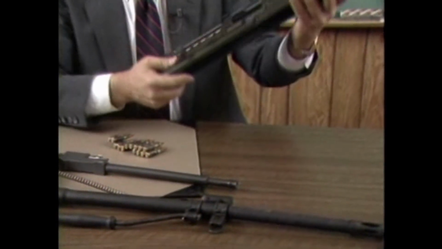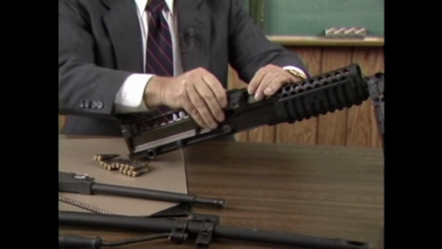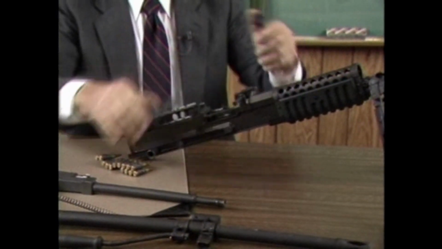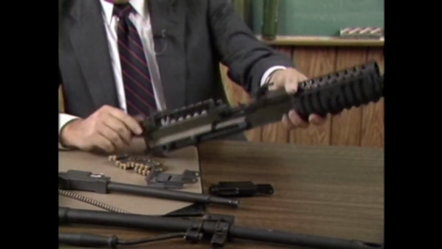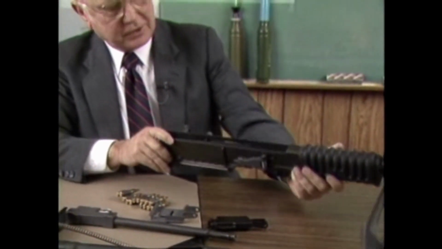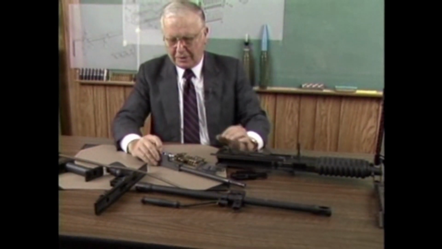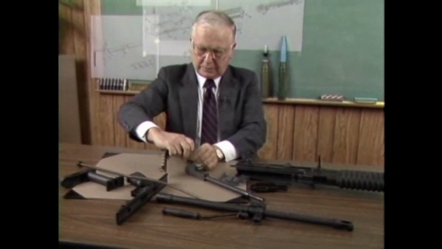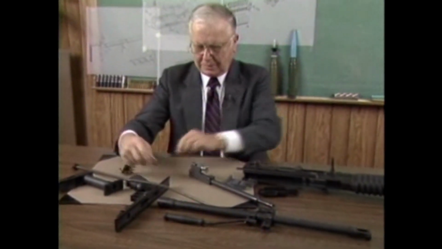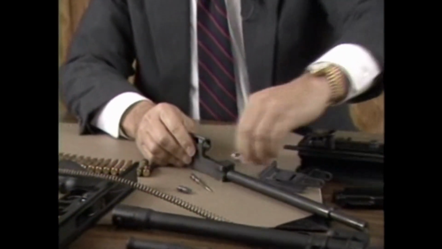That's the bolt group. Take the feed cover and the feed group off by pulling that pin out. And we're down pretty much to the basic receiver. This is about as far as anybody would ever field strip it. And then if you really want to get down a little bit further into the bolt group itself, just depress this one little retainer there, pull the cam pin out and the bolt out.